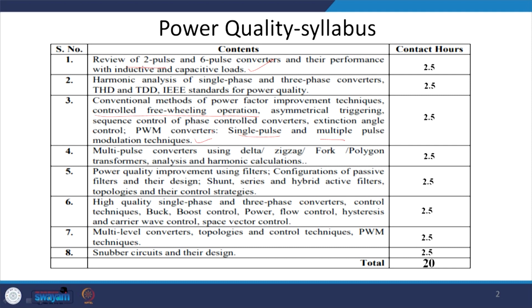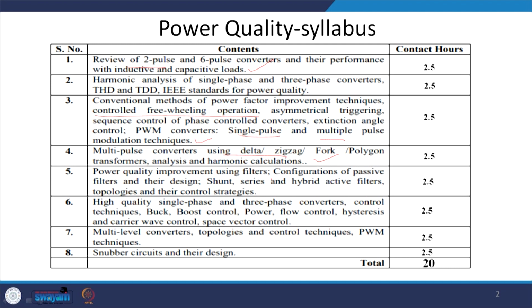Thereafter, we shall go for the high-pulse converter, that is, the multi-pulse converter using a delta zigzag polygon transformer, with analysis and harmonic calculations.